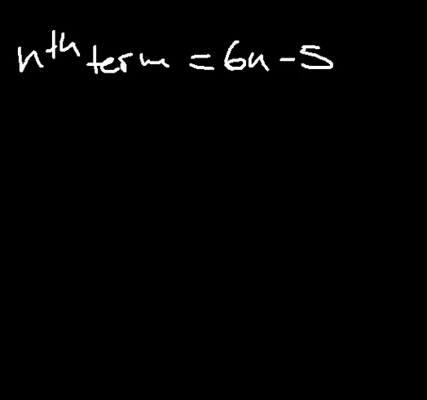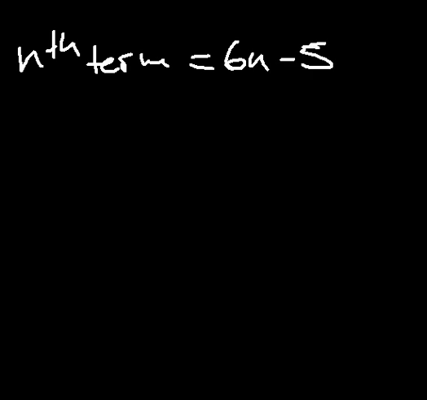Now what if we have been given the nth term formula? Let's say we are told that the nth term formula for an arithmetic progression is given as 6n minus 5.